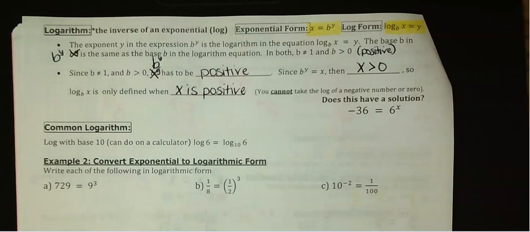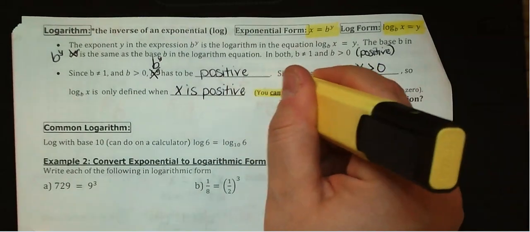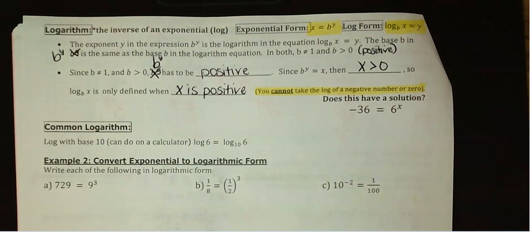What follows from that is that you cannot take the log of a negative number. You also cannot take the log of 0. If you try it on your calculator, it'll tell you it's an error, because it's not possible.